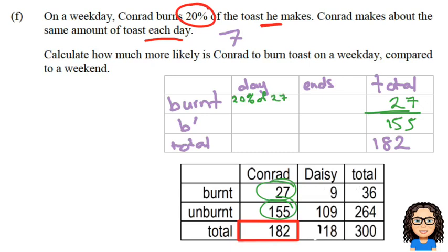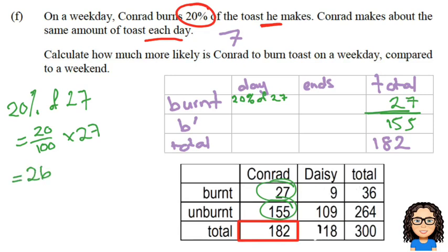So that's going to be, 20% of 27, I convert that 20% into a fraction, so there's 20 out of 100. Of is times 27, and when I put that into the calculator, that will give me a value of 26.